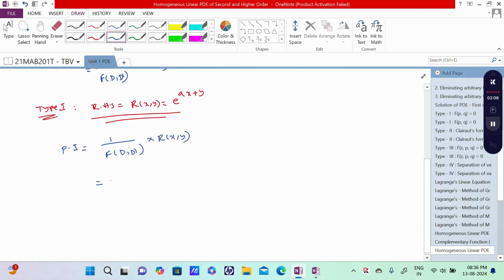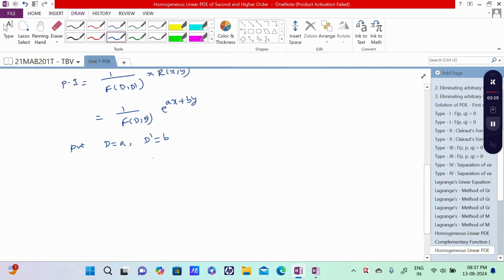Now R of x comma y is nothing but e power ax plus by. Now just replace D equal to a, D dash equal to b, when I am substituting here the function of a and b, e power ax plus by.